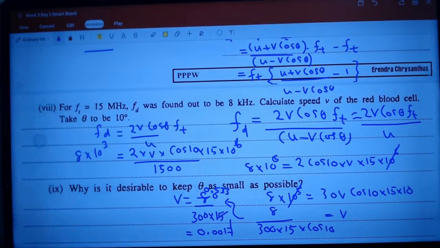So if you calculate the velocity here, it will be very small.